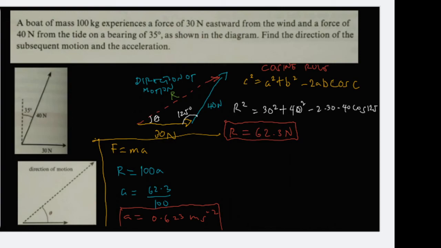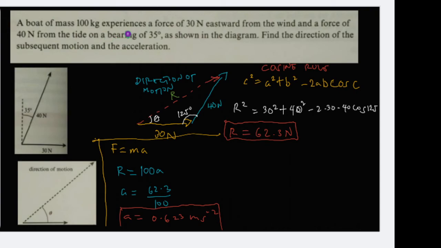Now, next, we need to find the angle, this theta. We need to find the theta so that we will be able to solve for the direction of motion afterwards. Remember that in this problem, we made use of bearing.